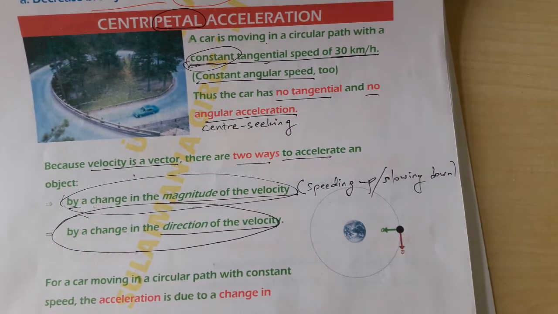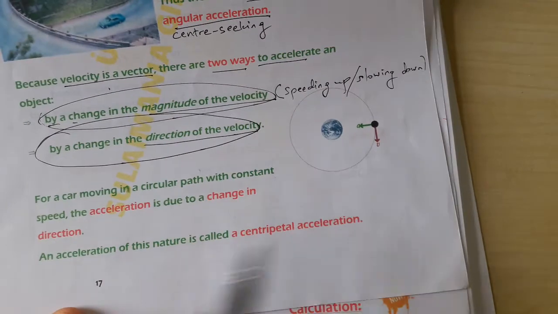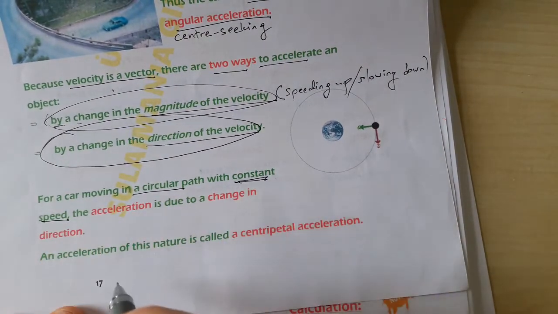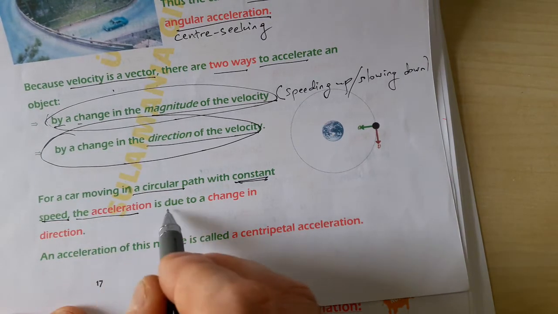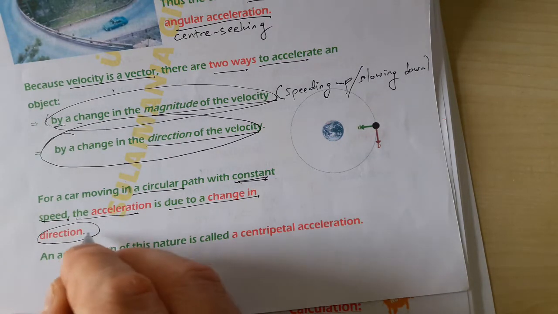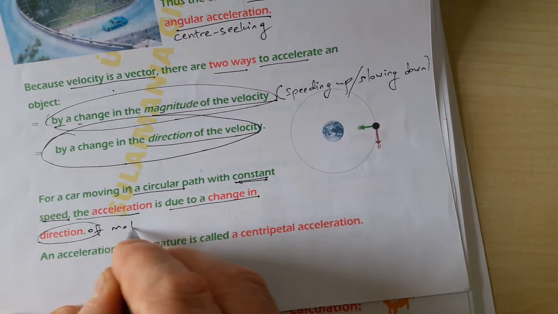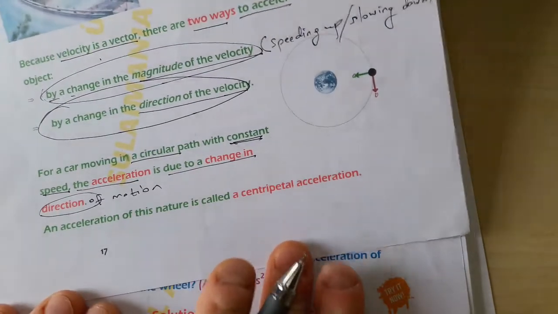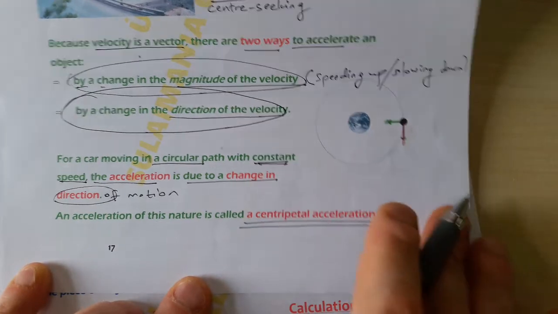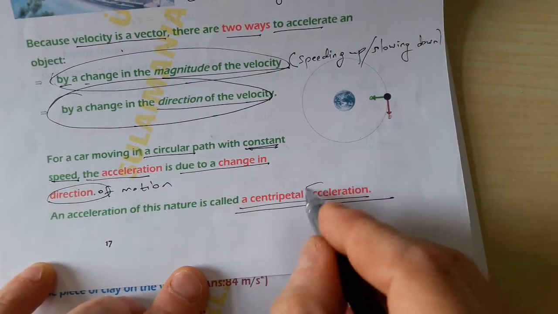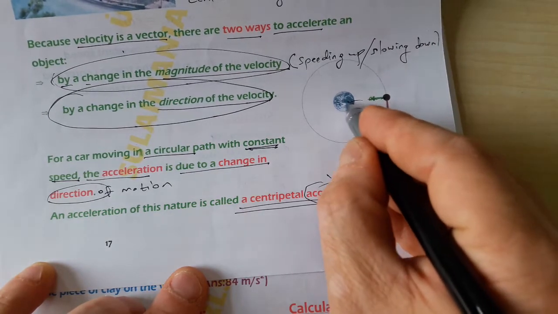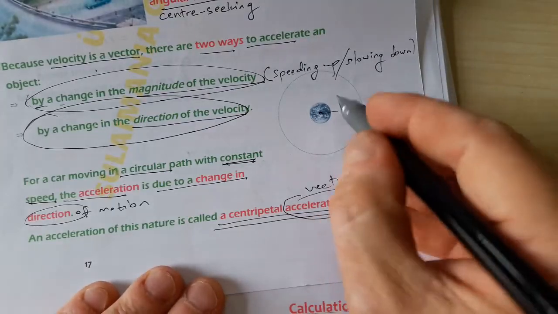So for a car moving in a circular path with constant speed, even though the speed is constant, the acceleration is due to the change in direction of the motion. The acceleration of this nature is called centripetal acceleration. Because acceleration is a vector quantity, this acceleration will always point to the center of the circle.